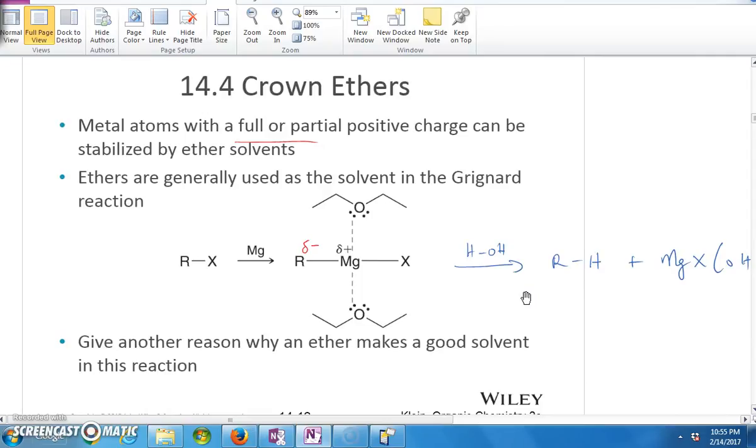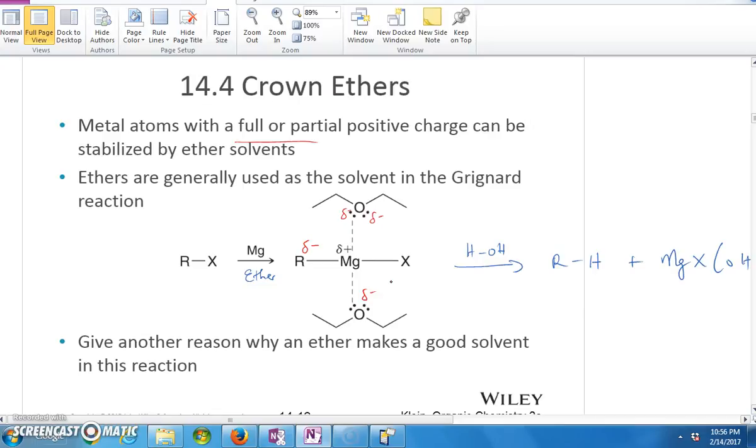Now, metal atoms with a full or partially developed positive charge can be stabilized by ether solvents. For instance, if you have a Grignard, that's why Grignards are always prepared in ether, because the positive charge on the magnesium can easily be stabilized by the partially negative charge on the ether.